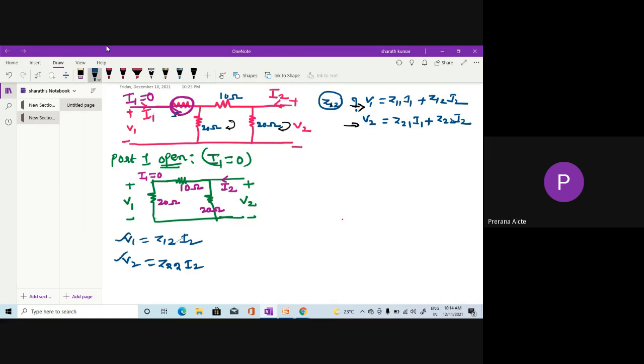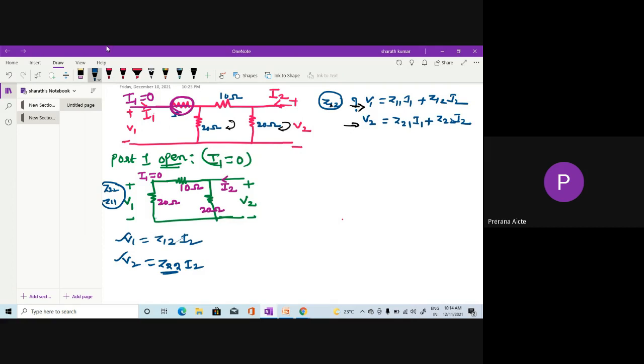I already told you, while finding Z22 and Z11, just always consider the equivalent resistance or equivalent impedance. That is one of the very useful shortcuts. While solving these two values, just consider the equivalent resistance value and you will easily get the answer without any problem.